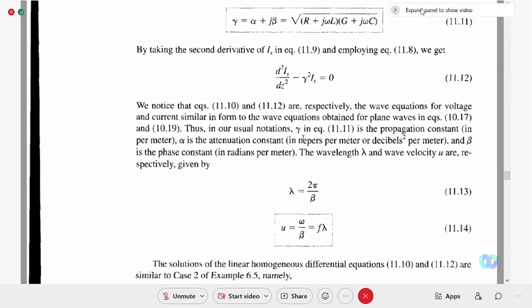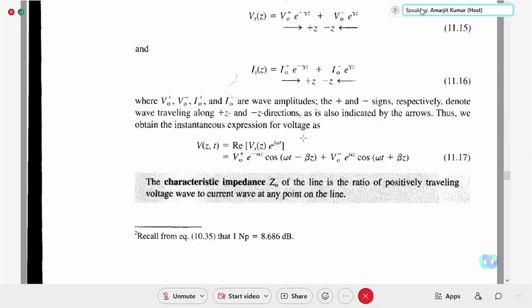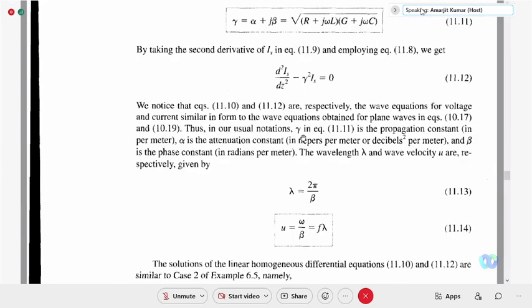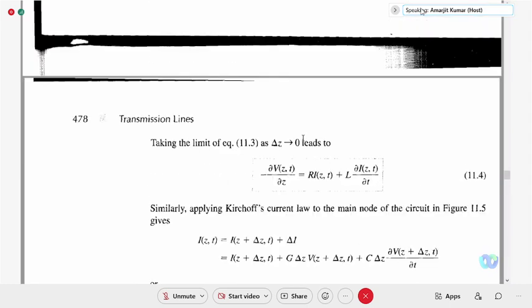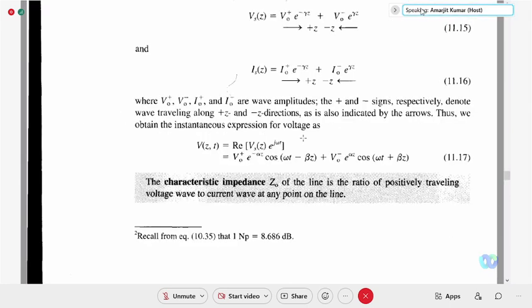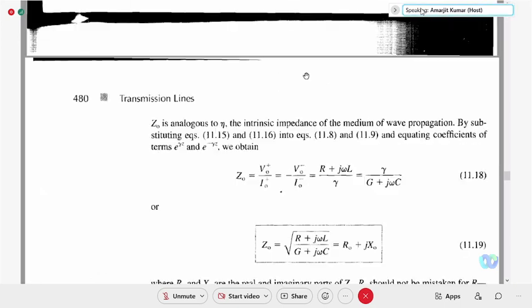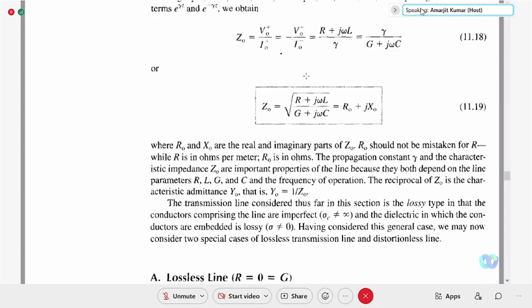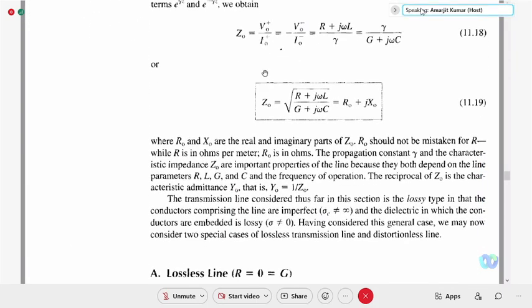The characteristic impedance of a transmission line is the ratio of V naught plus and I naught plus, the ratio of the positively traveling voltage wave to the positively traveling current wave. So V naught plus divided by I naught plus.